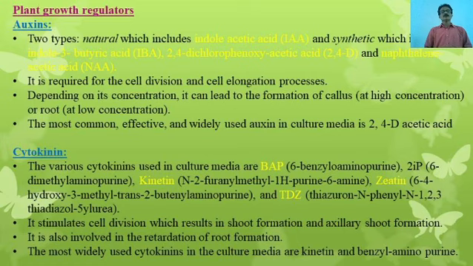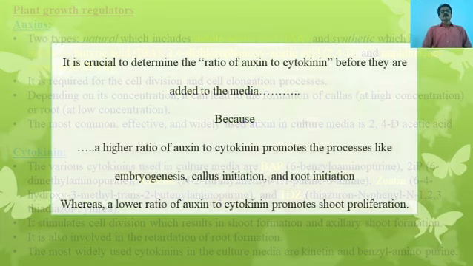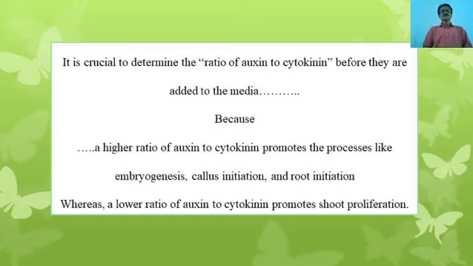The most widely used cytokinin is benzyl aminopurine, BAP. Now this is the most important statement: it is crucial to determine the ratio of auxin and cytokinin when you are using both.